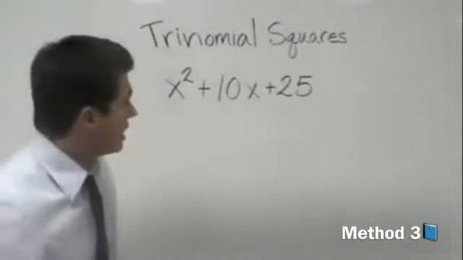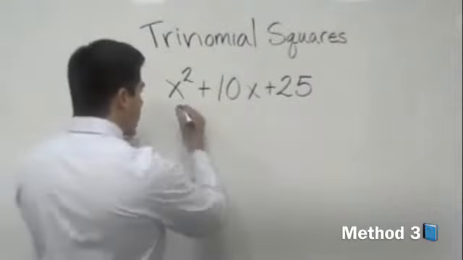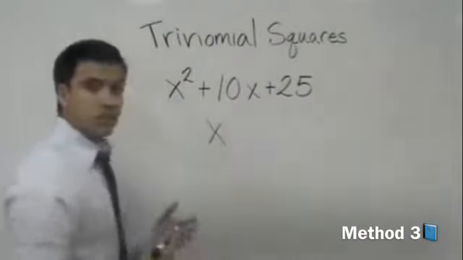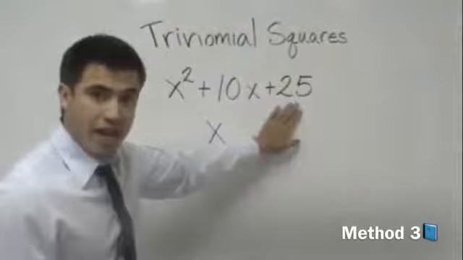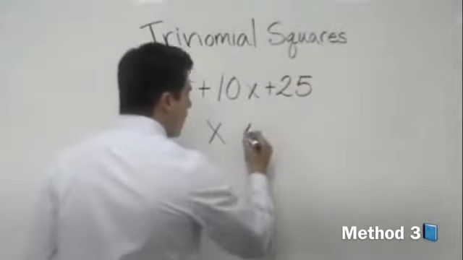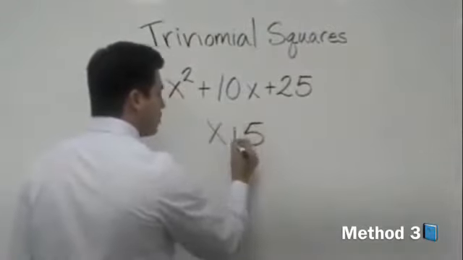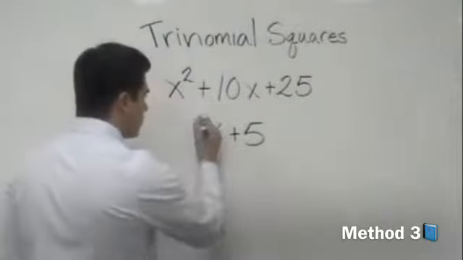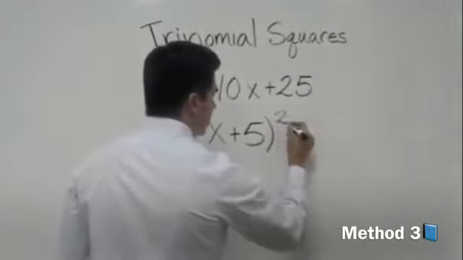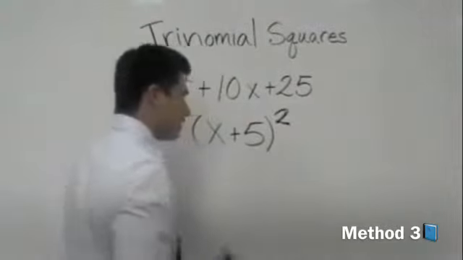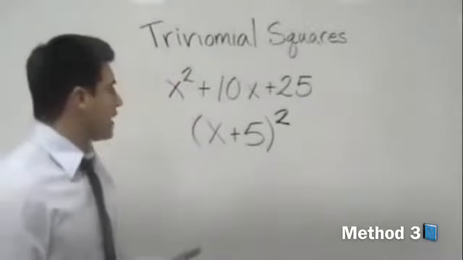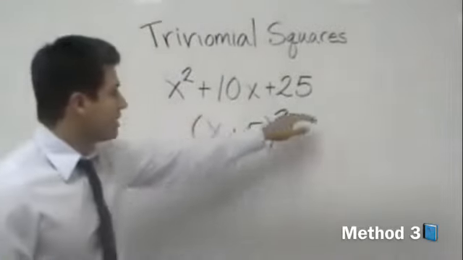Well, our answer would be this. It would just be the square root of that, which is x, the square root of 25, which is 5, and since they're all positive, it would be a plus sign, and that would be a binomial, and we just square it. So that would be our answer. So again, you take the square root of that, and you take the square root of that.